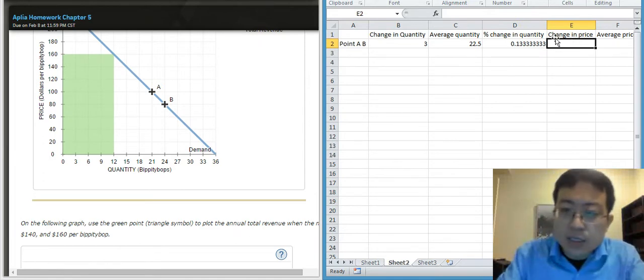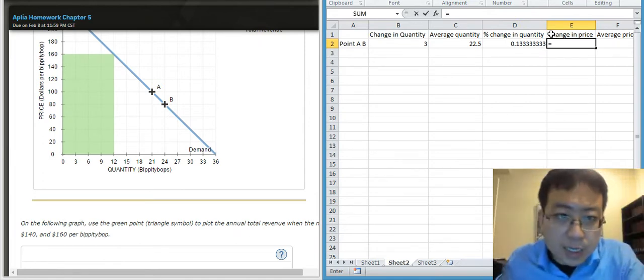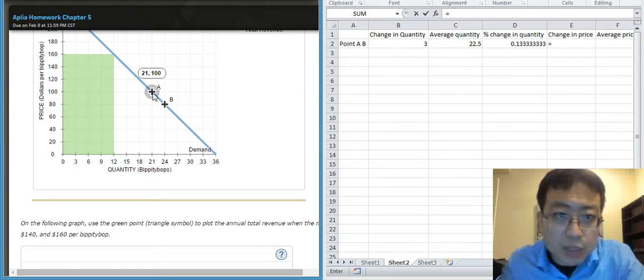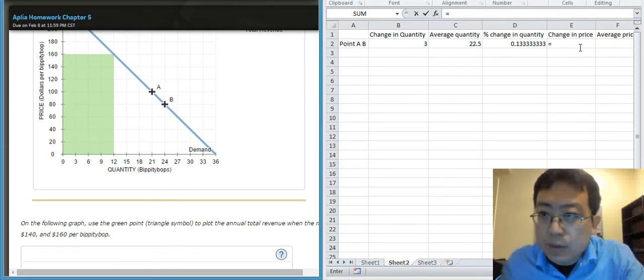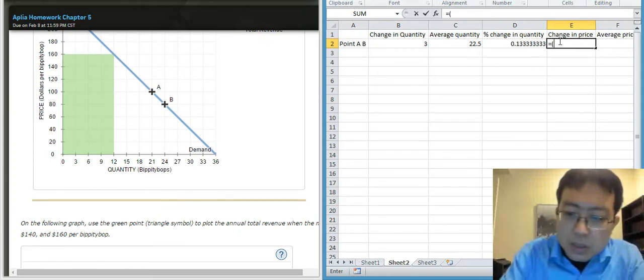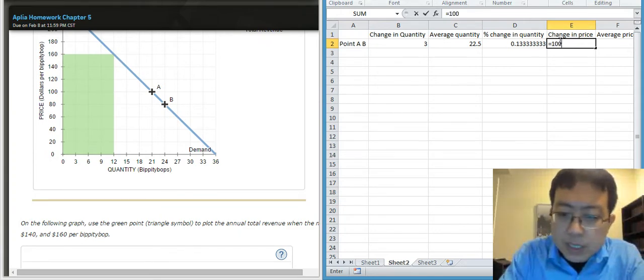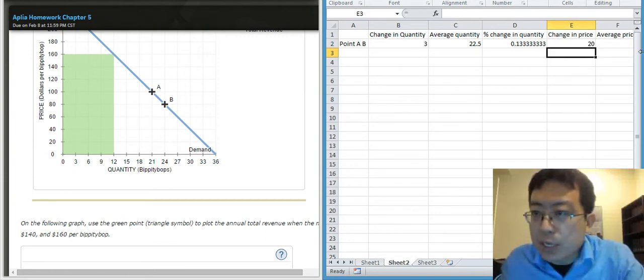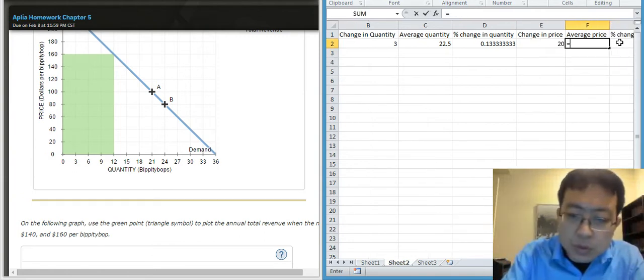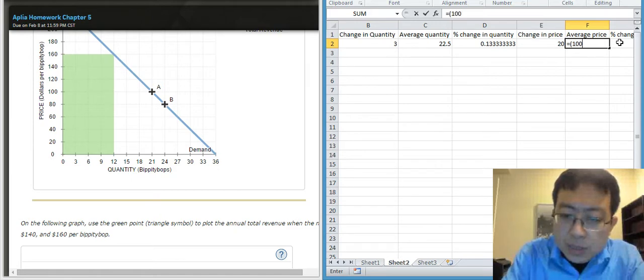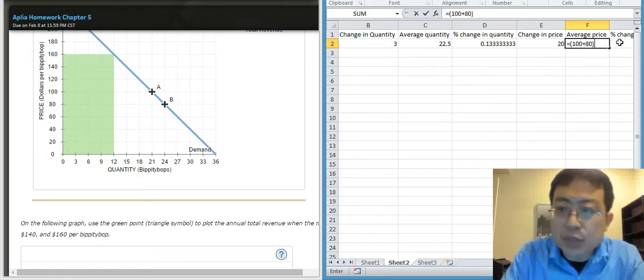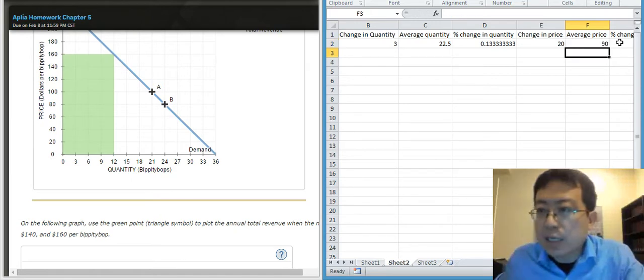Then the change in price: at point A our price is 100, and at point B the price is 80. So 100 minus 80, and then the average price is 100 plus 80 in parentheses, divided by 2, which gives you 90.